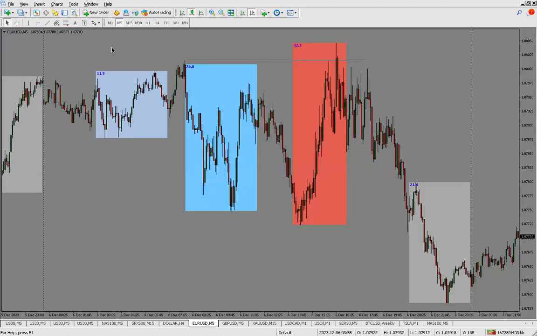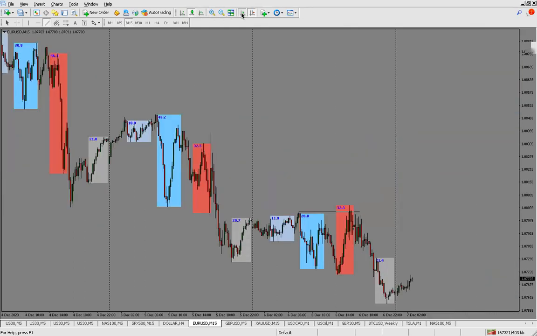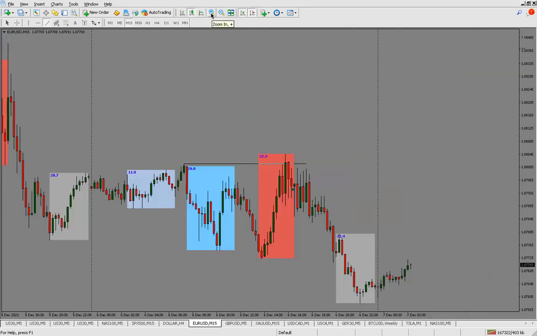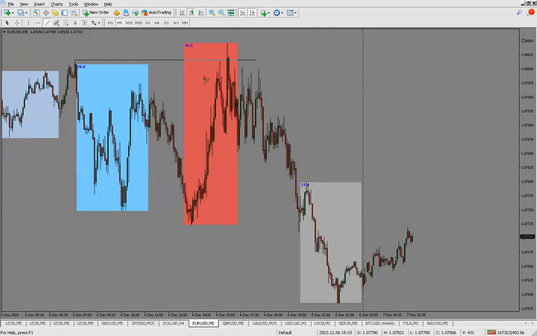So Euro, we talked about. One of these gaps in here is on the 15, I believe. No, it had to be on the 5. We talked about this last gap here and how we could have used that, but it wasn't necessarily anything special.